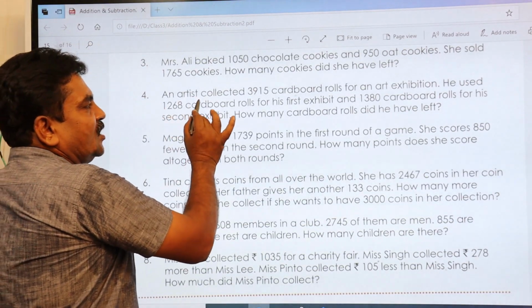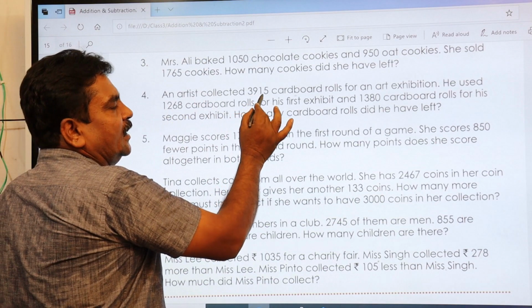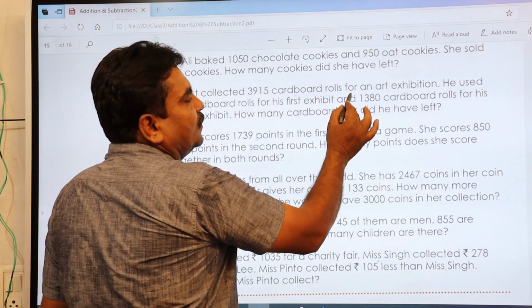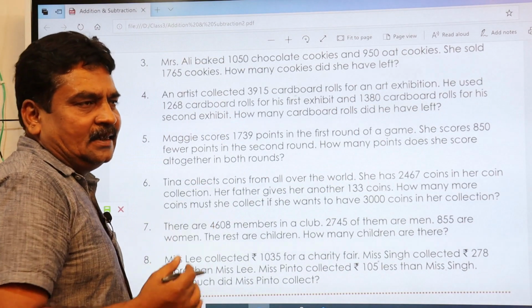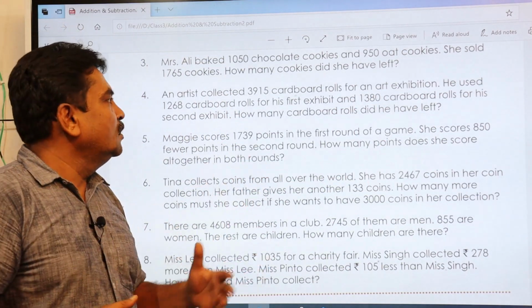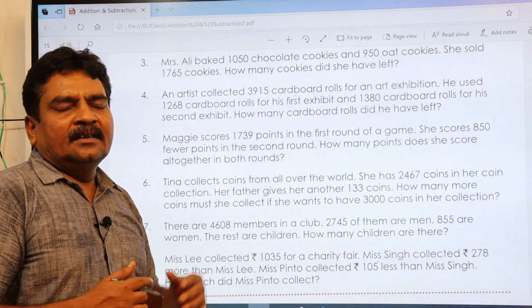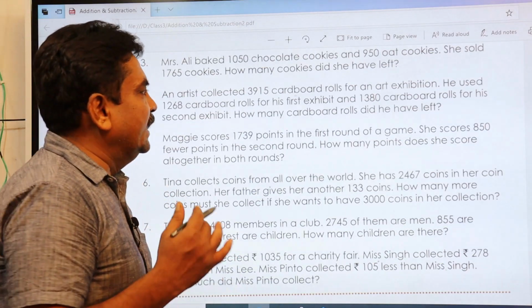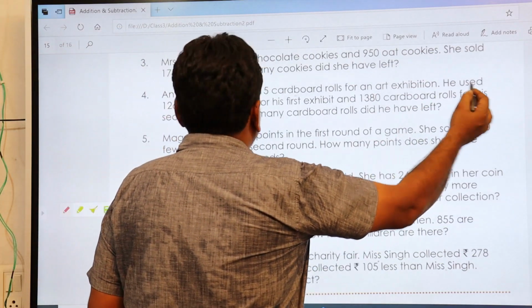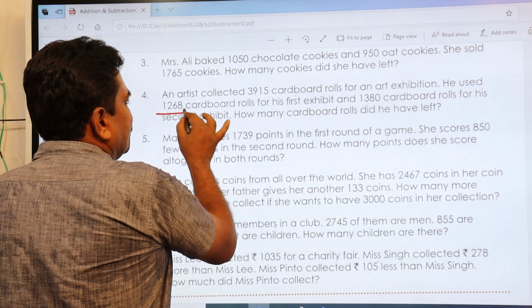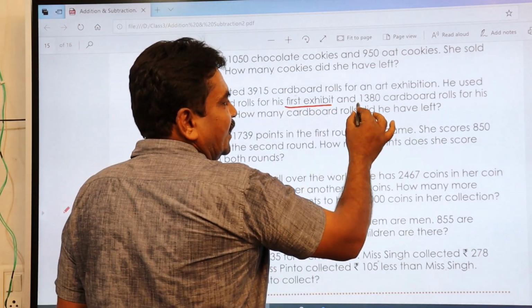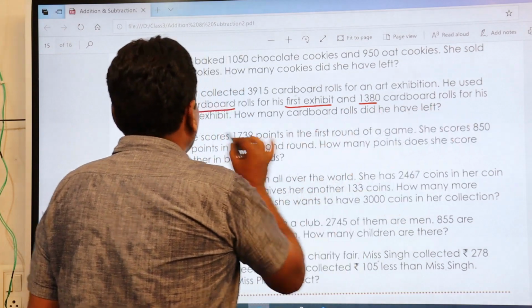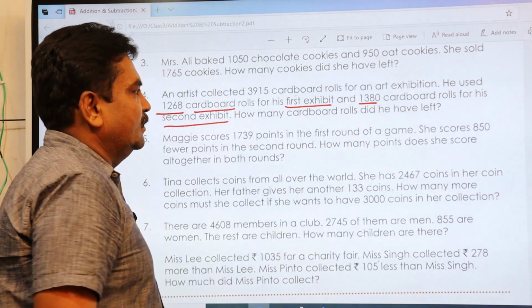An artist collected 3,915 cardboard rolls for an art exhibition. He used 1,268 cardboard rolls for his first exhibition and 1,380 cardboard rolls for his second exhibition.